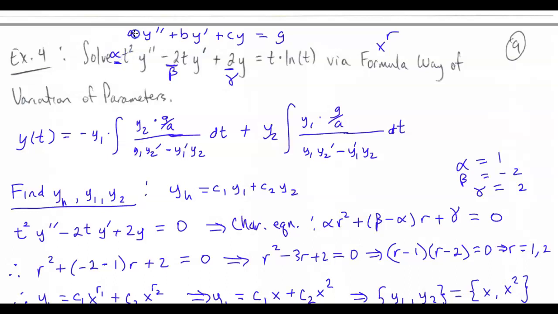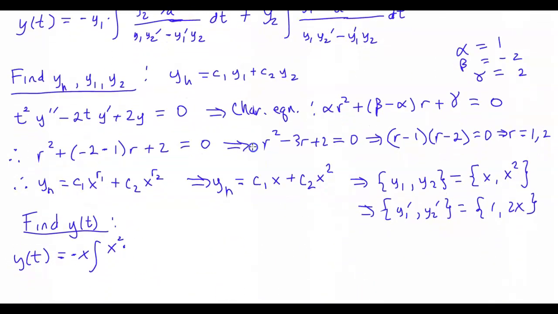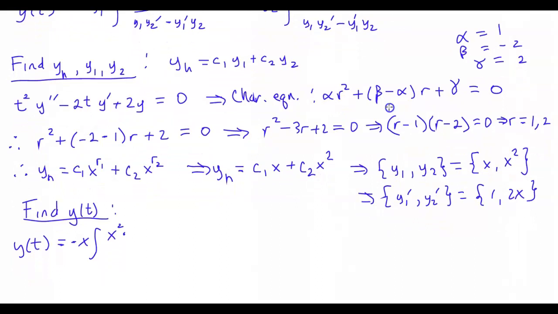So our a here is just t squared. So we're going to take t times natural log of t and divide it by t squared. So here I'll just write it in t times natural log of t divided by t squared.